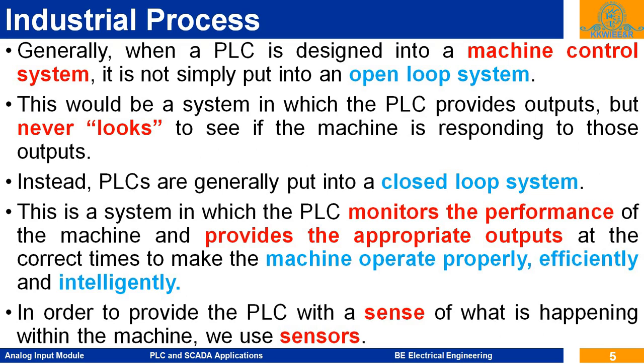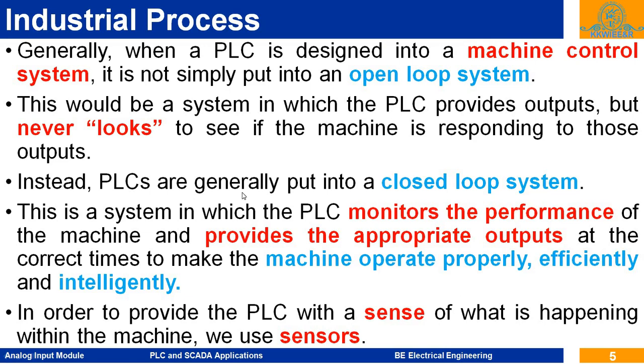The PLC is used for automation, and if we press the push button, then according to the input received, it will execute the ladder diagram, and accordingly the outputs of the PLC are turned on or off. It gives the command to the output devices, but it does not look at whether the contactor is energized or not, whether the output is high or low. That is not looked at by the PLC.